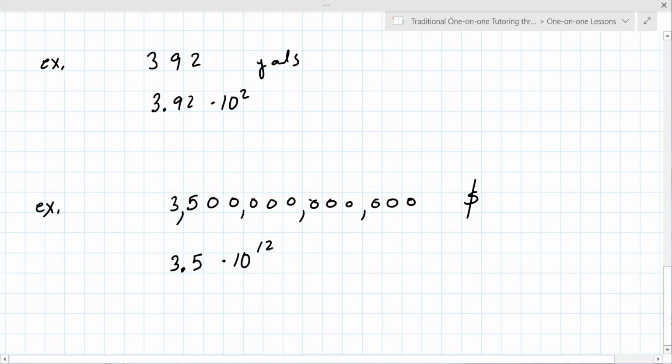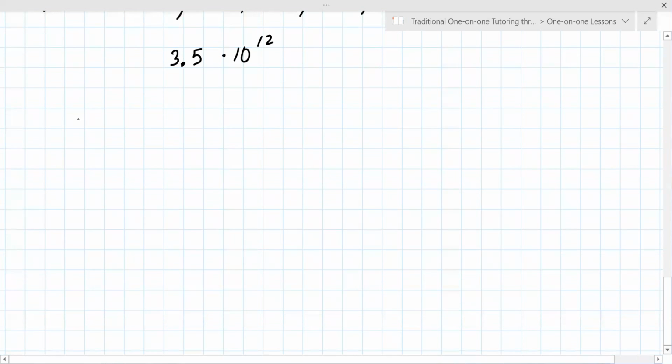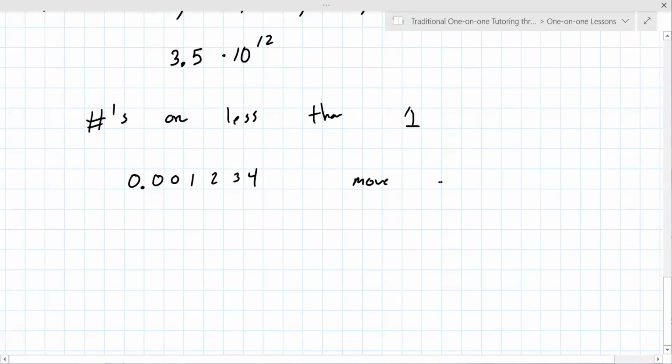Great. So now we have to go the other way. I'm going to give you examples where the numbers are less than 1. Let's say it's 0.0001234. So this time we're going to move the decimal right.